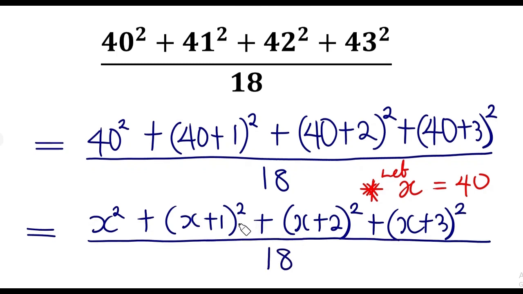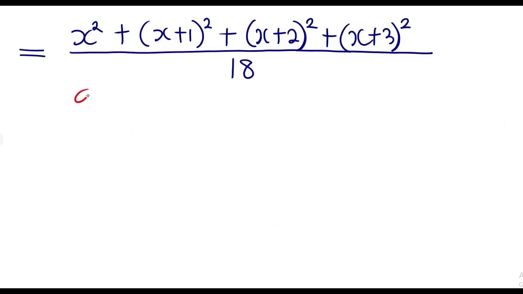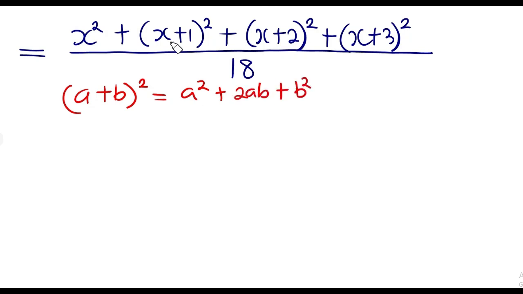I'm going to need a certain mathematical identity which says when I have (a + b) all squared, it's just the same thing as a² + 2ab + b².